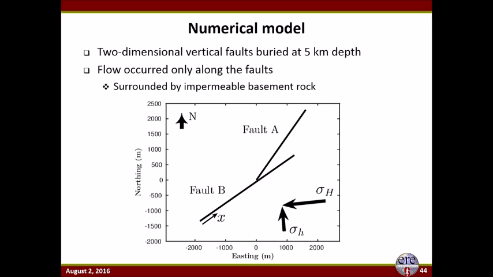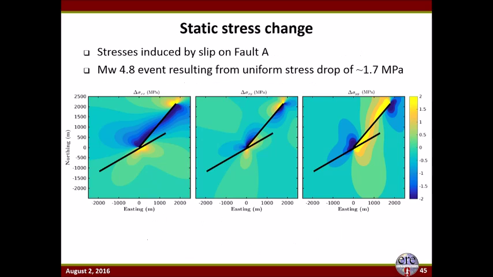So because it was only 20 hours and because these faults were located in the basement rock and surrounded by low permeability rock, I neglected flow in the surrounding rock and was, again, really only interested in flow along the fault zone structures themselves. We modeled the foreshock as a magnitude 4.8 event that resulted from a uniform stress drop of about 1.7 megapascals.